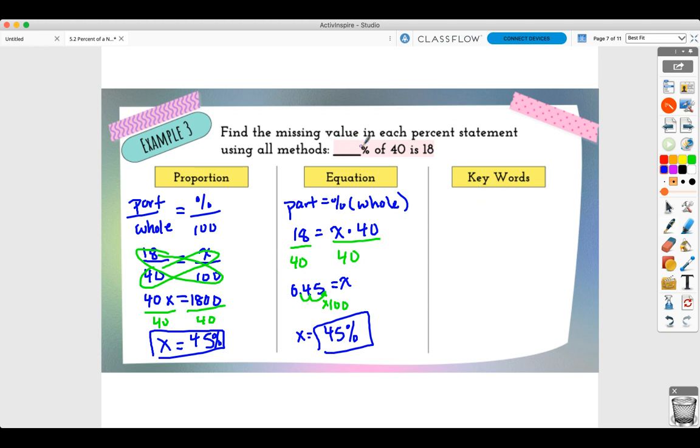And in this over here, okay, you're going to get the same equation, but our unknown is this. This is our x, our unknown. Okay, so x times 40 is and of. It's equal to 18.